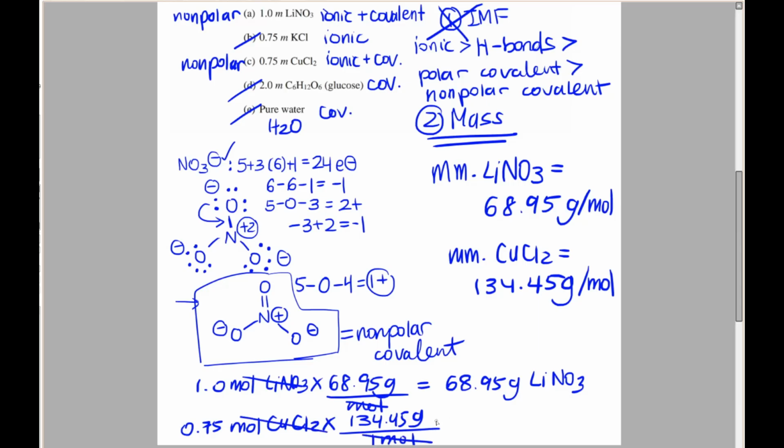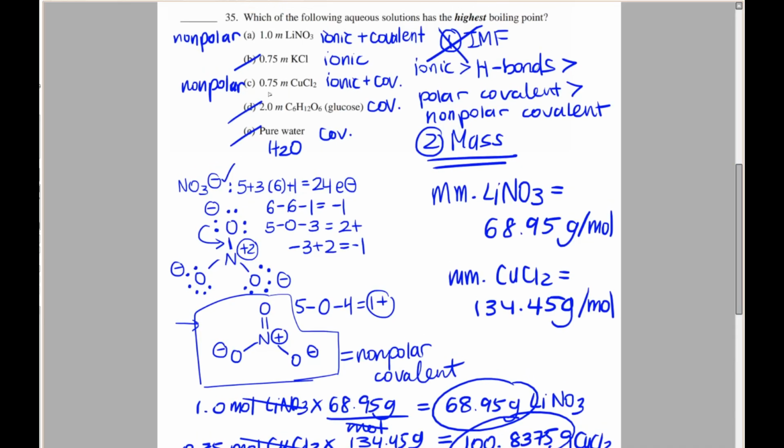The moles cancel, and we are left with about 100.8375 grams of CuCl2. This is obviously greater than 68.95 grams, so in this case, our answer is C. The 0.75 moles of CuCl2 is going to be the aqueous solution with the highest boiling point.